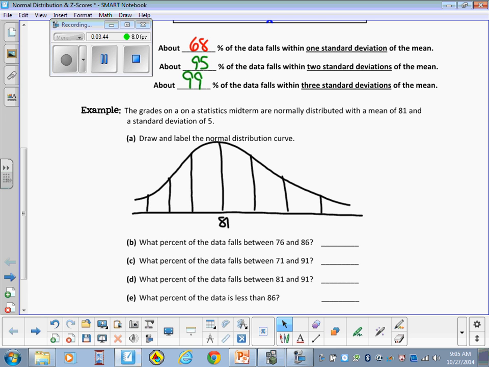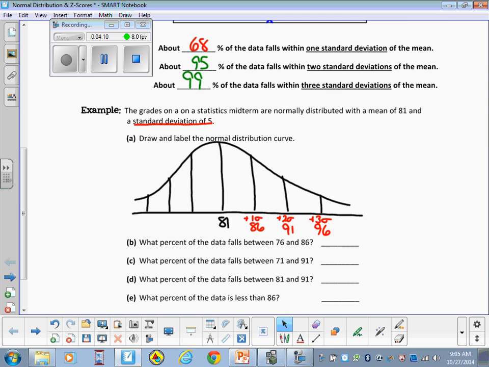Goes right here in the middle. Now, plus 1 standard deviation. Since our standard deviation is 5, that means 81 plus 5 is 86. Up 2 standard deviations, 86 plus 5 would be a 91. And up 3 standard deviations, 91 plus 5 would be a 96.